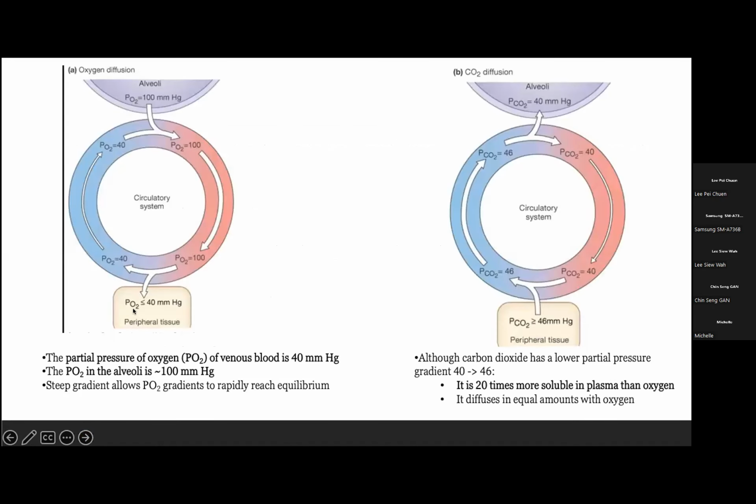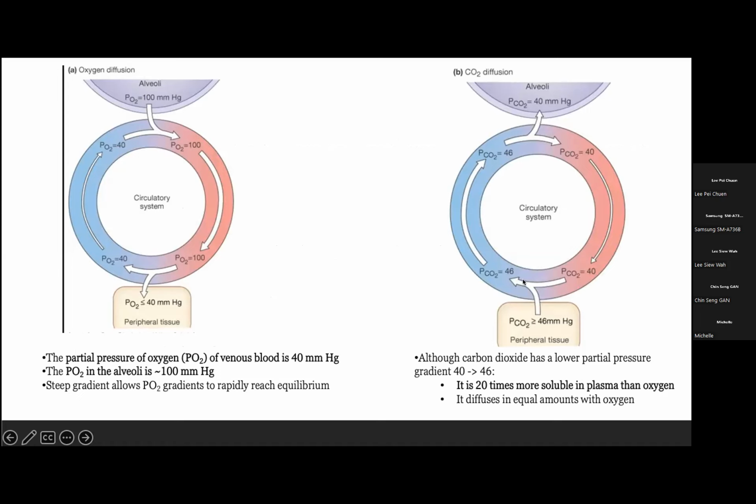So this is what happens in our external respiration. The partial pressure of oxygen in our venous blood is around 40 millimeters of mercury, but the partial pressure of oxygen in the alveoli is around 100. So when a partial pressure gradient exists, the steep gradient allows the oxygen to flow from the alveoli towards the pulmonary vessel.